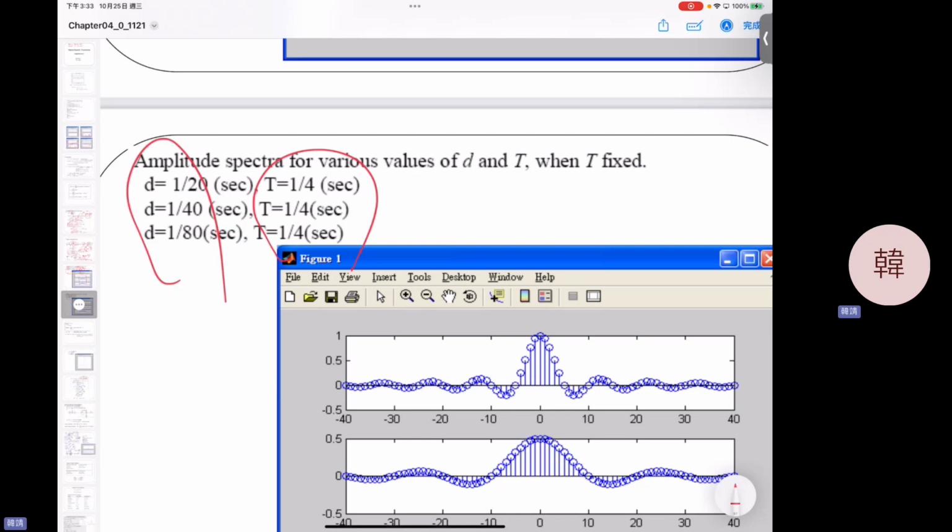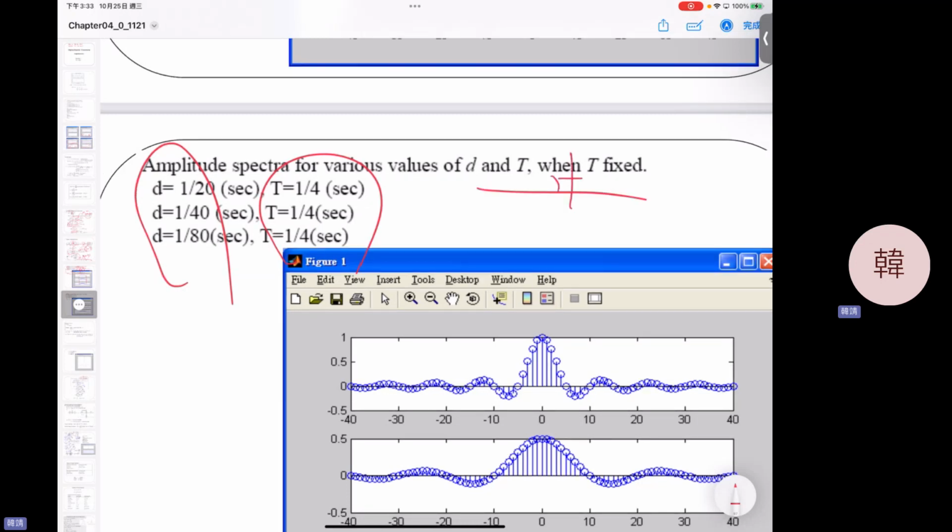The second point: we have the same periodic frequency in time domain. The wave is the same, but with different rectangular pulses. So what does that mean? We have three signals in time domain. It's like this one. The second one is happening here, and the D is larger or smaller, but happens at the same time.